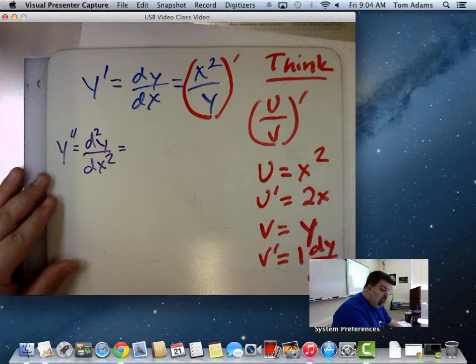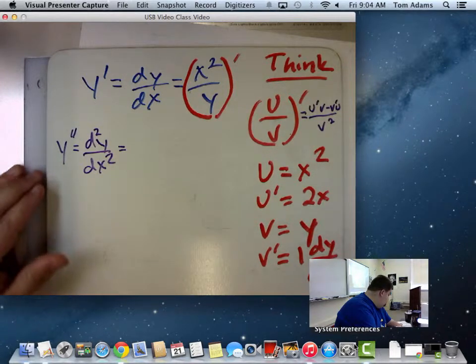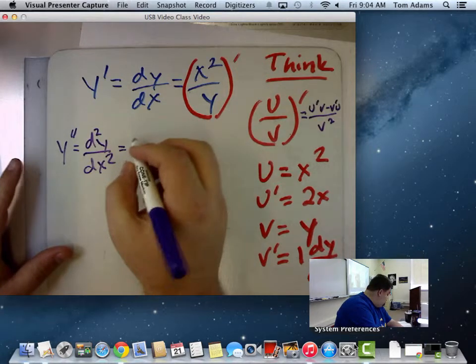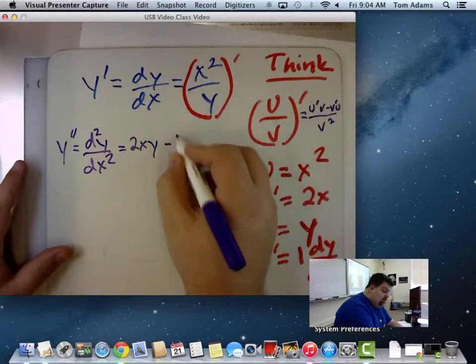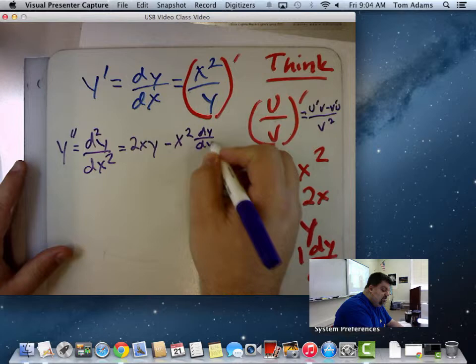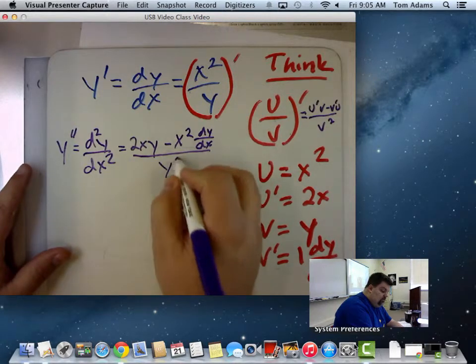And now remember, the formula for this is going to be v u prime minus v prime u all over v squared. Right? And so what I'll end up having is 2xy minus x squared dy/dx all over v squared, which is y squared.